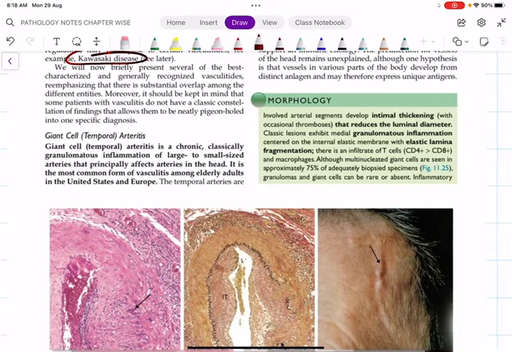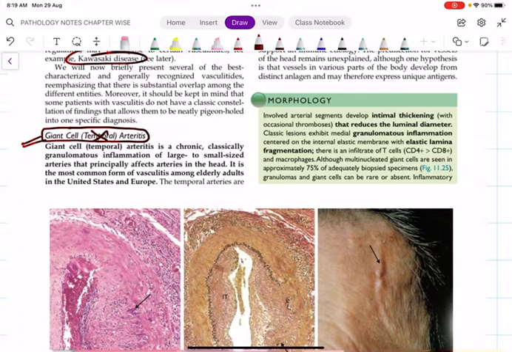First is giant cell arteritis. Please pay attention. Listen to each and every word. Giant cell or temporal arteritis. The word temporal won't usually be given, because I will tell the reason for that. First, remember giant cell.